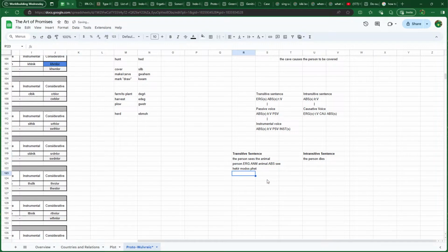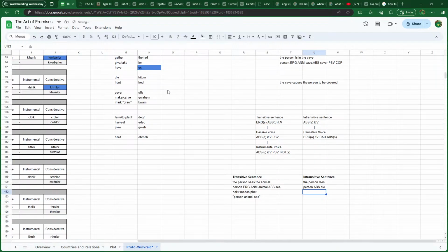And then this is literally person, animal, see. The person dies, right? So person, absolutive, die. So that is hokos hitom.